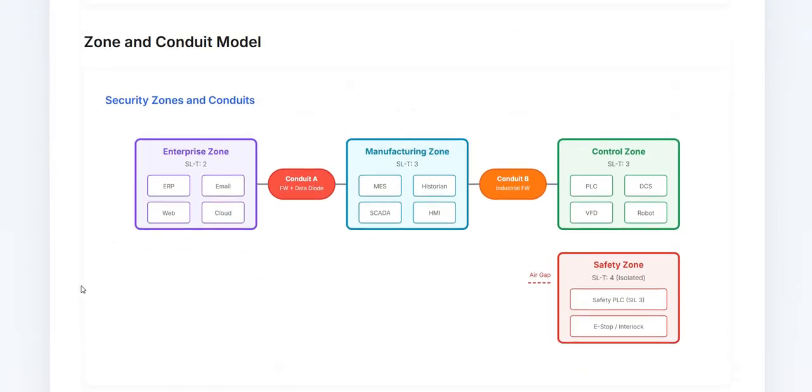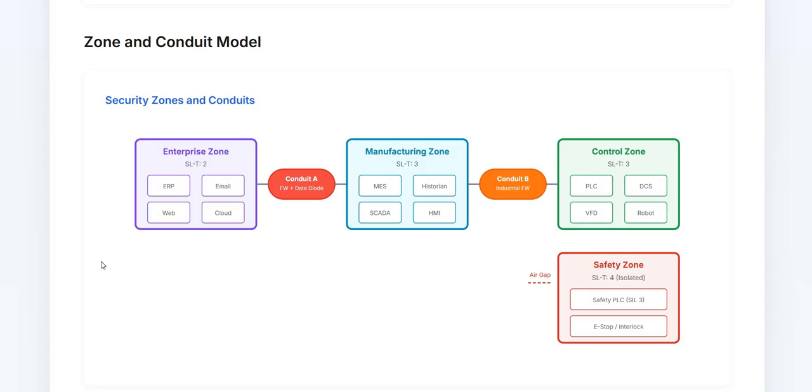Okay, zone and conduit model. So this model answers a simple question. Where do we draw boundaries and how do we control what crosses them? On one side, you have the enterprise zone. That's where email, web access, and cloud services live.